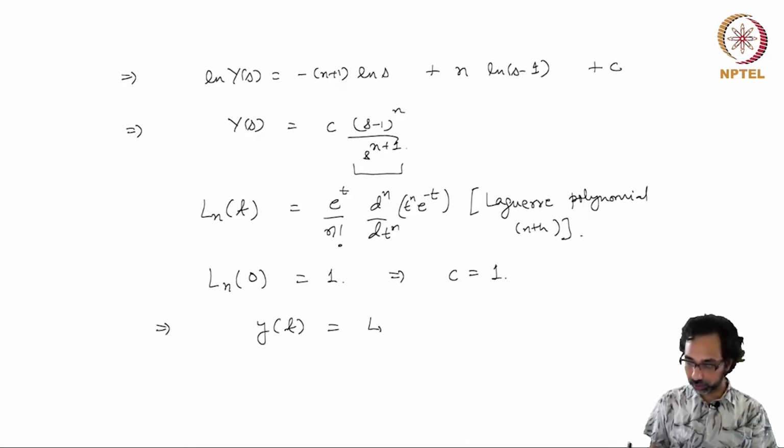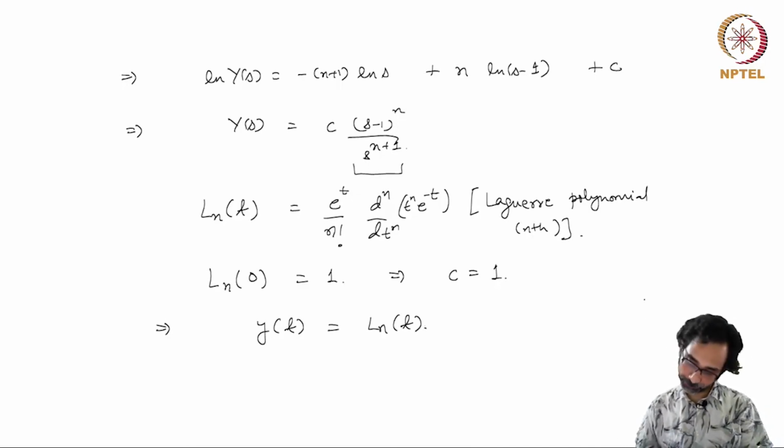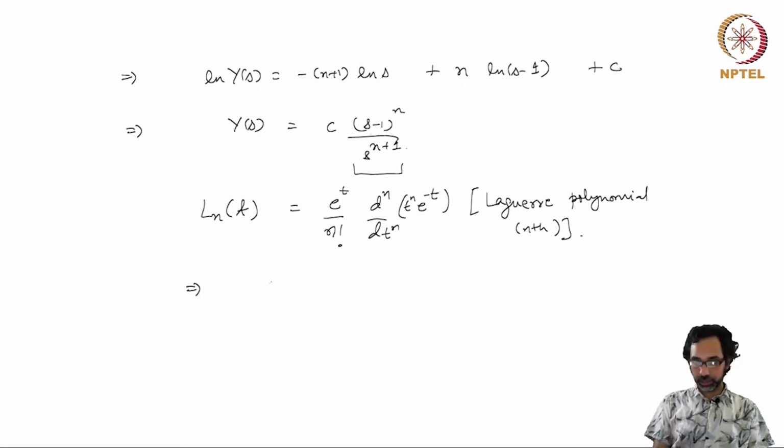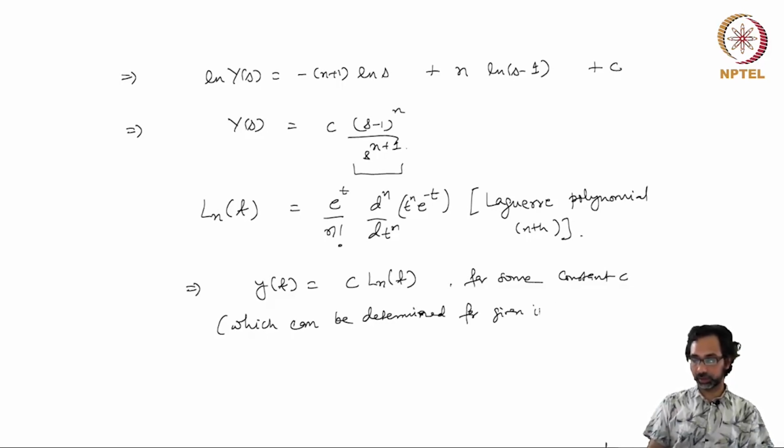So y(t) is the nth Laguerre polynomial. This means that the solution y(t) is a constant multiple of the Laguerre polynomial, for some constant c, which can be determined for a given initial condition.